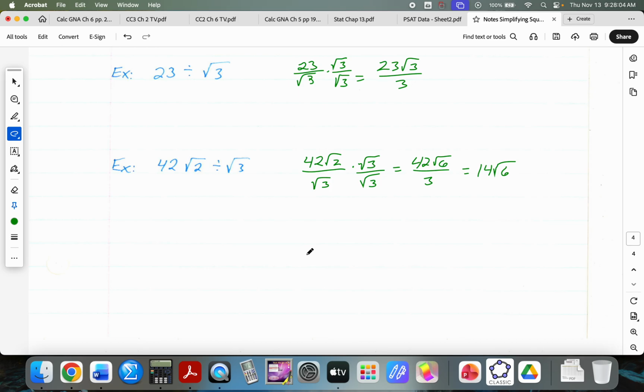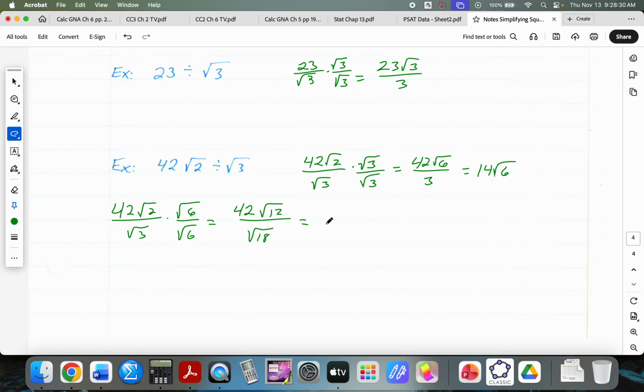Don't worry about writing this one down, but just watch for a second. It's a good question. Why don't we multiply by the square root of 6 over the square root of 6? It gives us 42 square roots of 12 over the square root of 18.